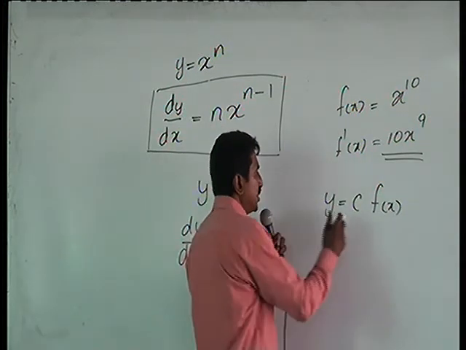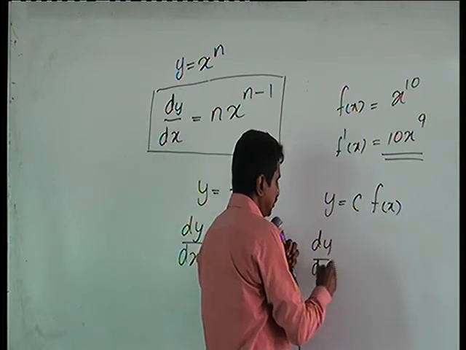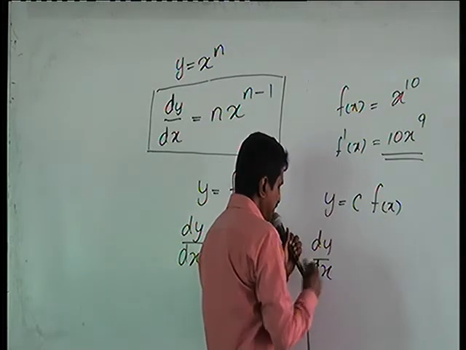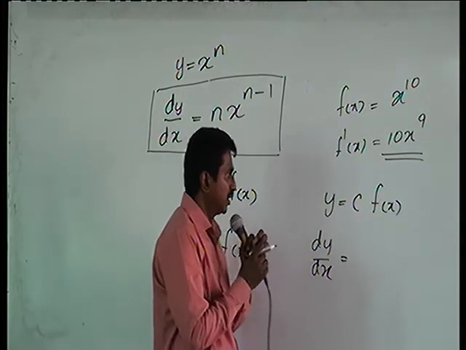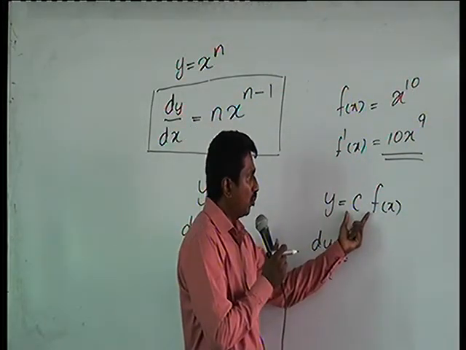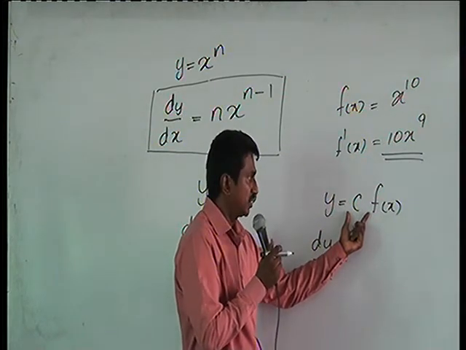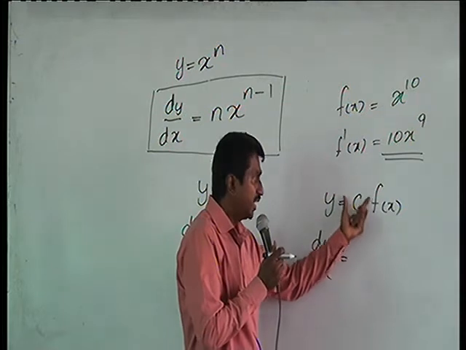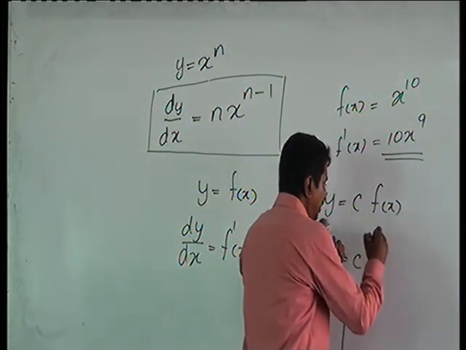So how do you differentiate this one? Keep the coefficient as it is. Don't do anything. This is a numerical value. Keep this numerical value as it is and differentiate only the function.